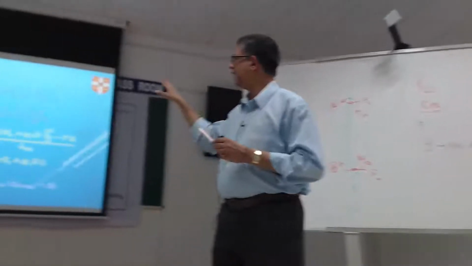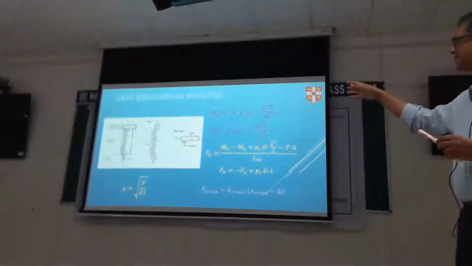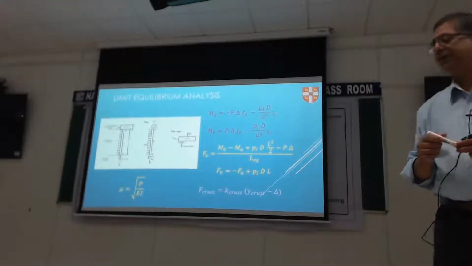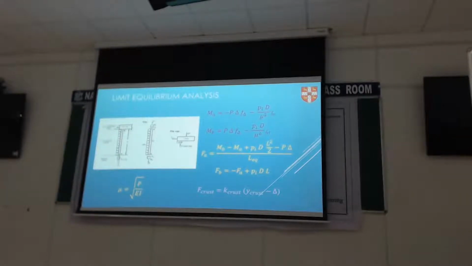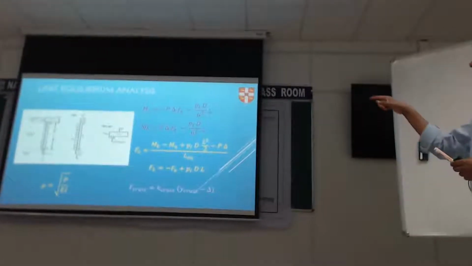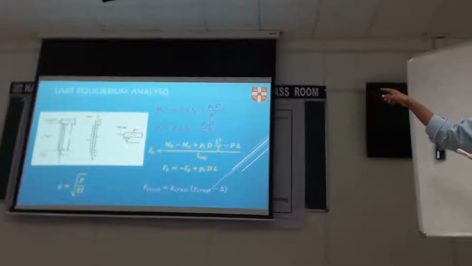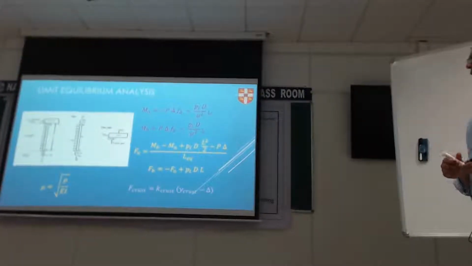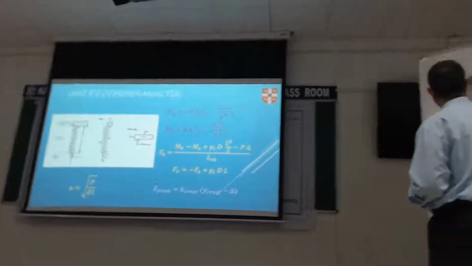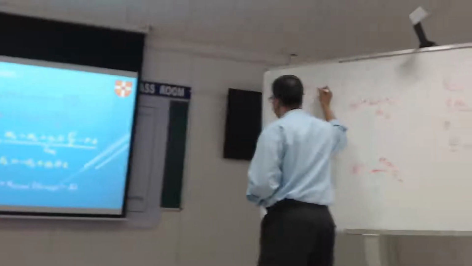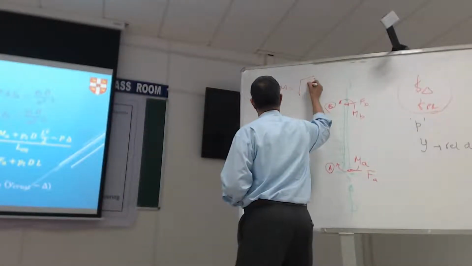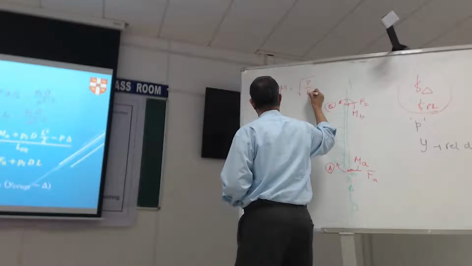But once I put that in, the rest is simply writing the equilibrium equations. Also, for sake of keeping the equation legible, we are defining this mu, which is like Euler's buckling, modified version of it.